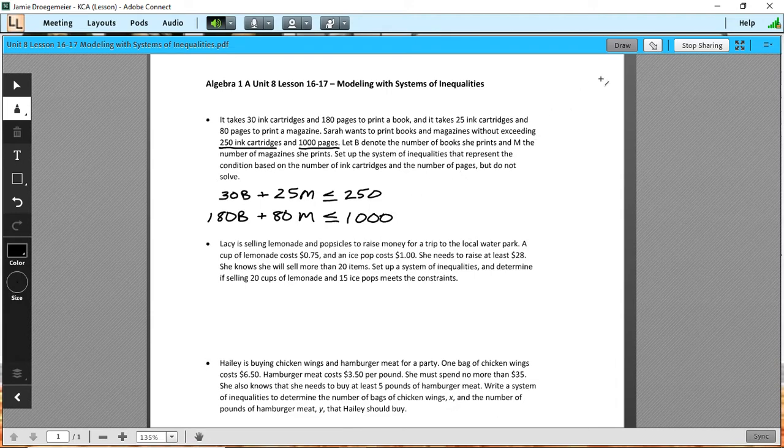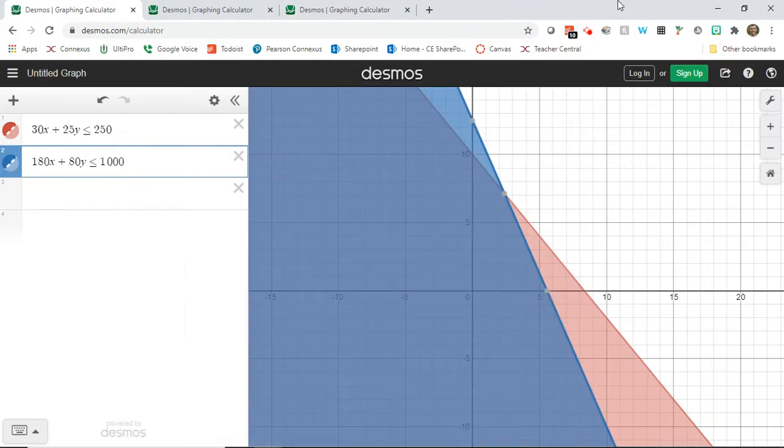I'm going to go ahead and show you the graphs for these. In Desmos, I have to use X and Y, so X is the books, Y is the magazines. If we were going to solve this, anything inside of the double shaded area would be a possible solution.